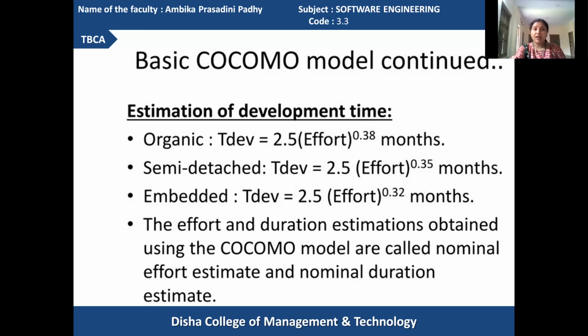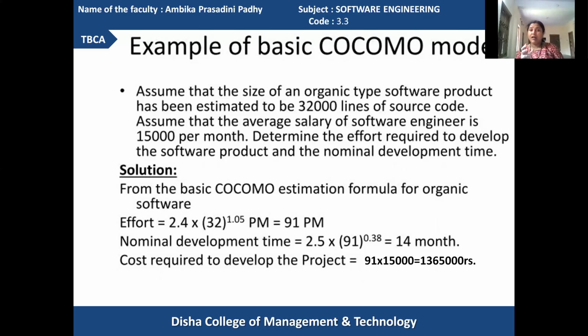Got it? You can go for assuming one example. Based upon the example, let us view how the calculations of effort, time and cost are performed. Suppose your product requires 32,000 lines of code to be written, and the product is of organic type.